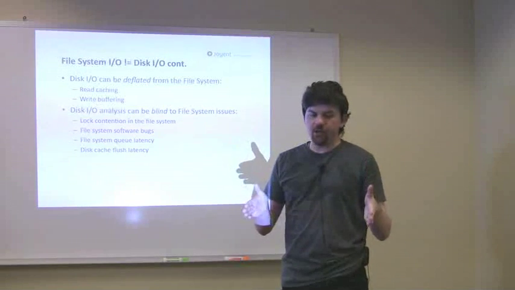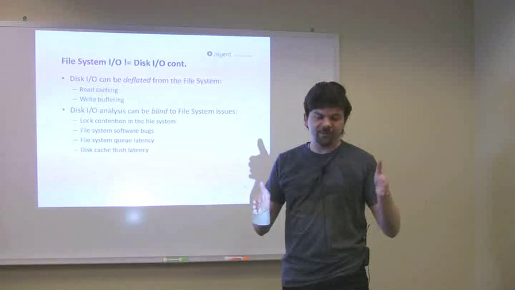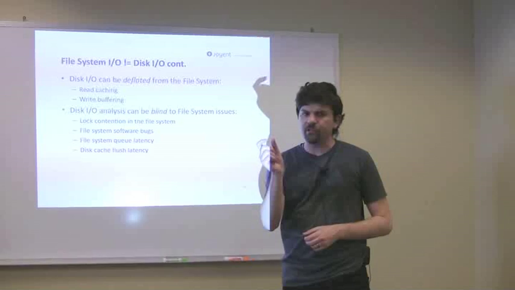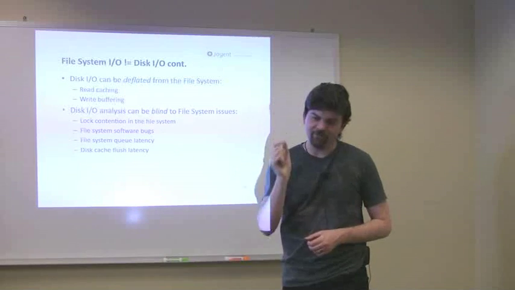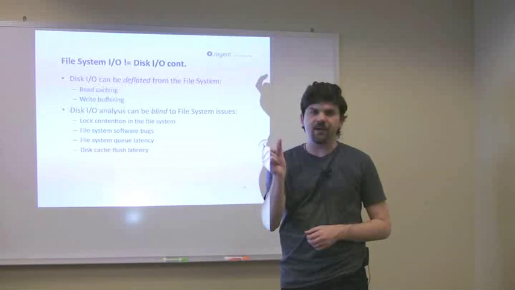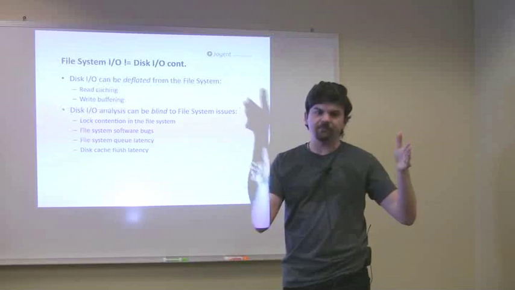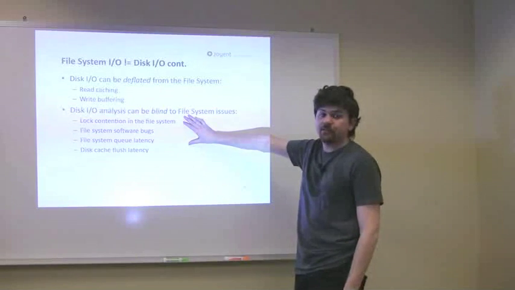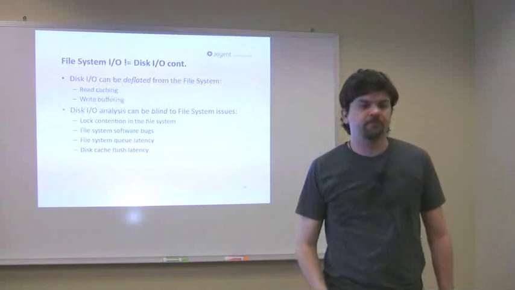And the write I/O to the file system will only complete when that disk cache flush completes. According to iostat at the disk level, it's only showing you the write, which is buffering it to the disk drive. It doesn't show you the full latency. So that's why disk I/O analysis can actually be blind to file system issues.